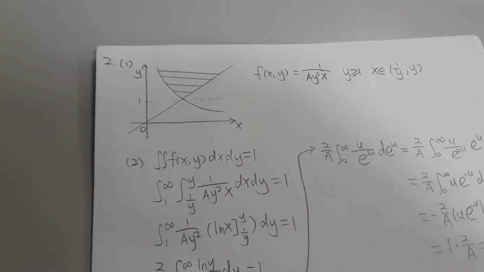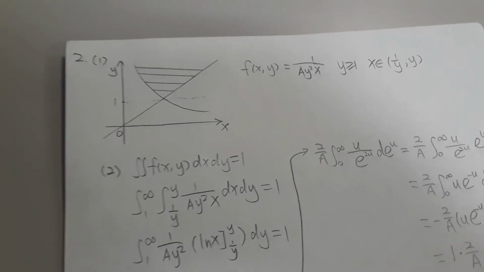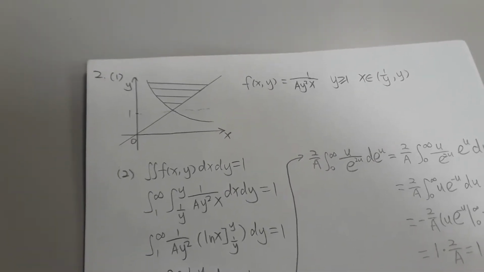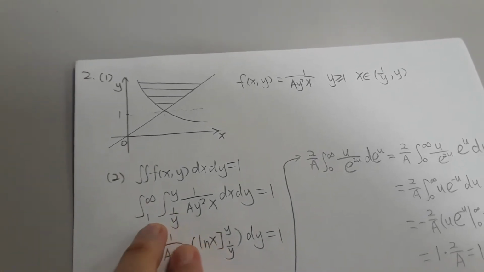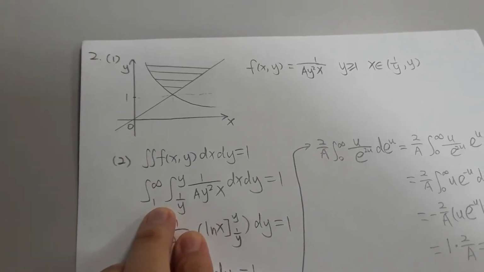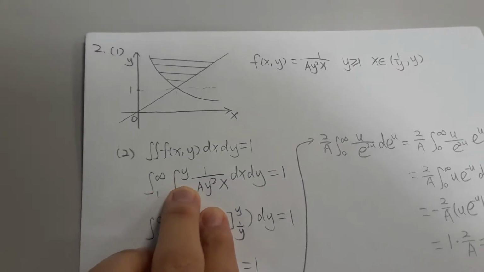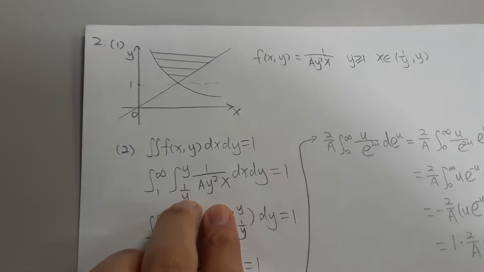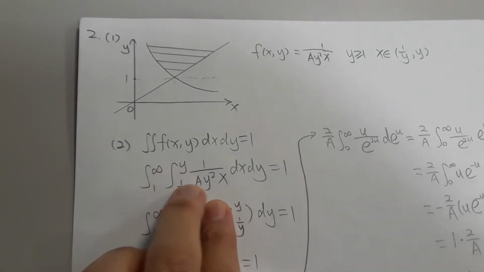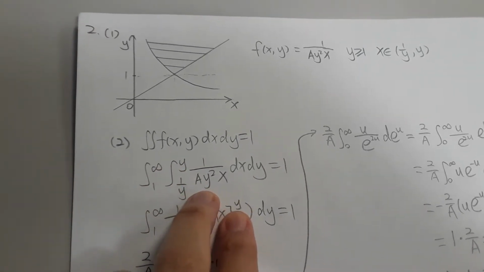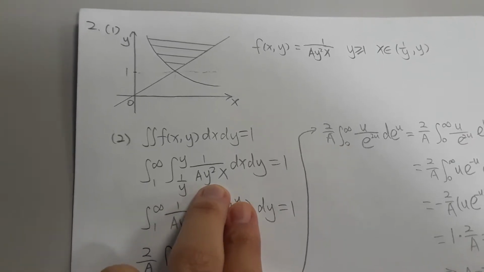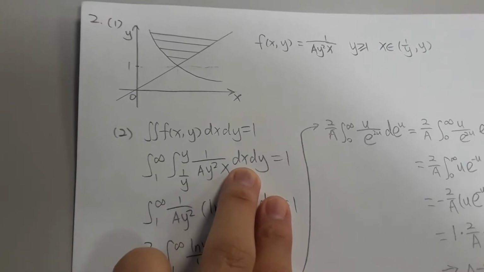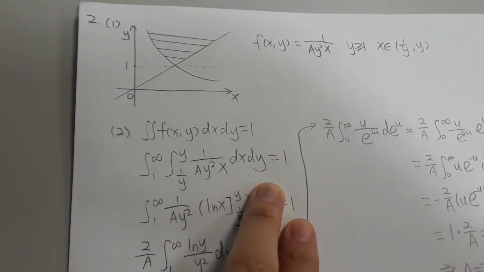In this problem, we should do the integral from 1 to infinity, and the integral from 1 over y to y, of 1 divided by (a times y squared times x) dx dy, equals 1.